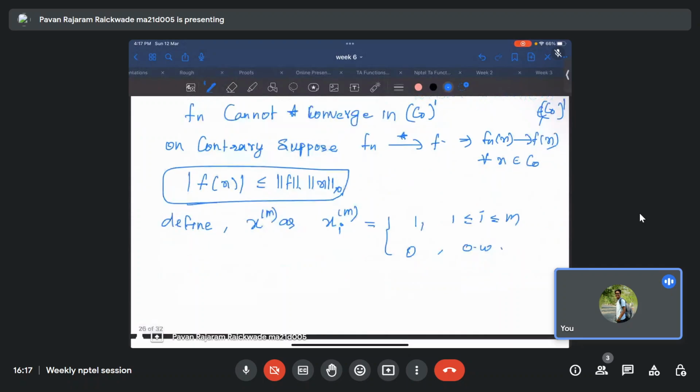So what is fn at xm? It is summation i going from 1 to m of 1 by i, whenever n is greater or equal to m.